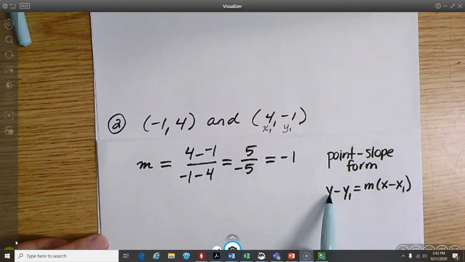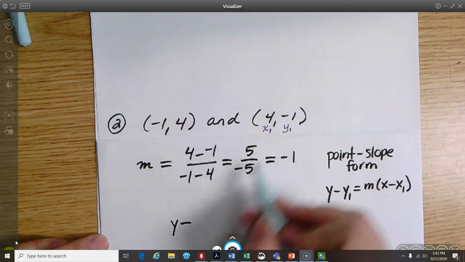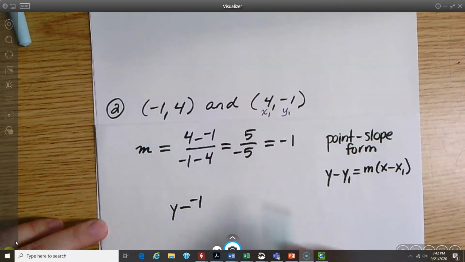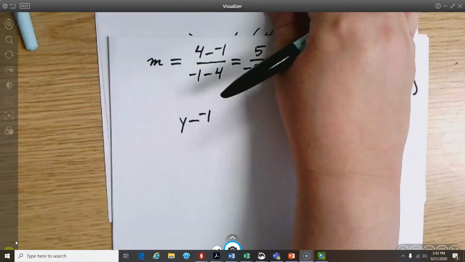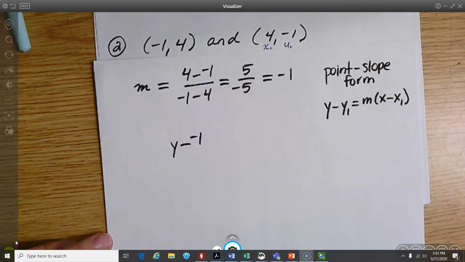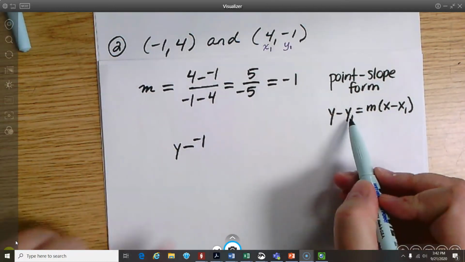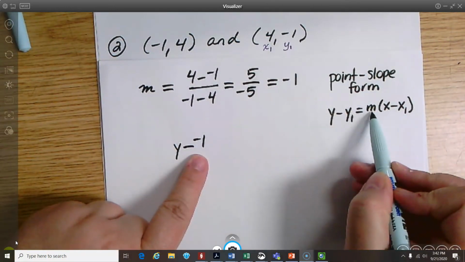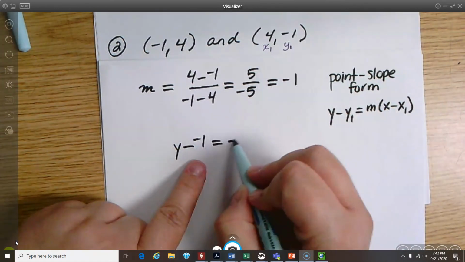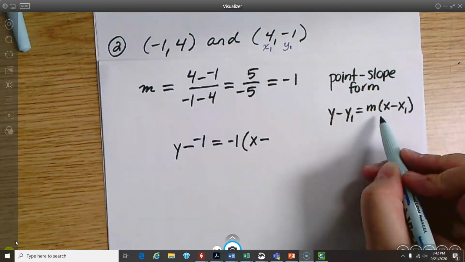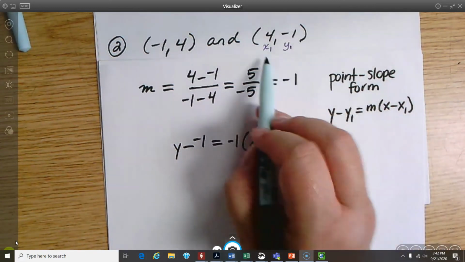Okay, so I'm going to do y minus y1. Let me move this up a little bit for you. Hang on. Y minus y1, that's what we've got here, equals m, here's m, times x minus x1. x1 is 4.